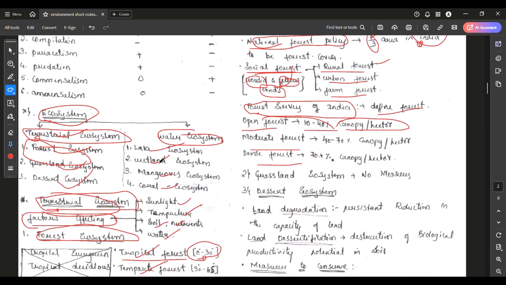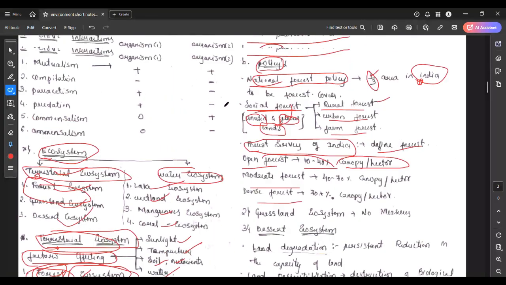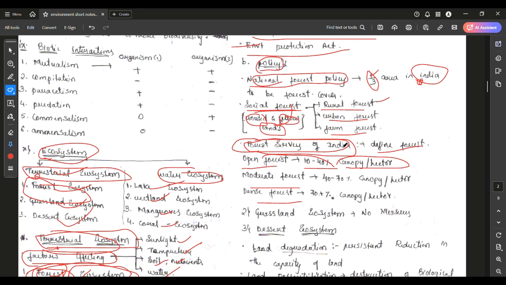If they ask about the forest ecosystem question, then you need to provide information about what a forest is. First you need to define what a forest is, just by saying, as per the Forest Survey of India, the forest is defined by canopy per hectare.